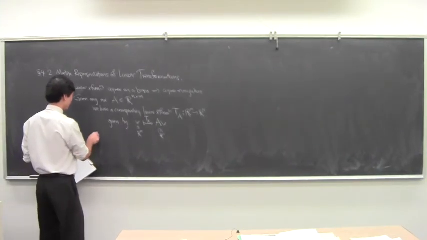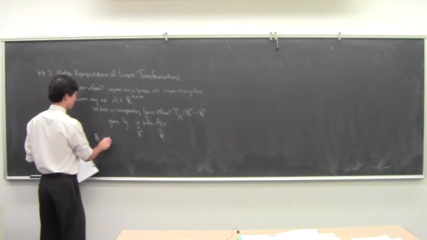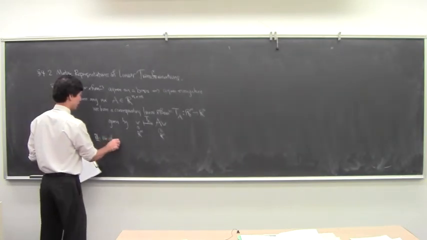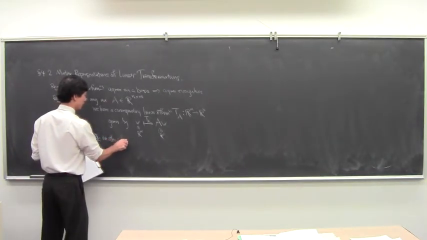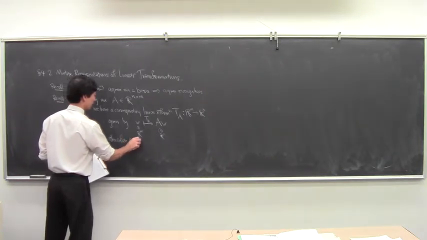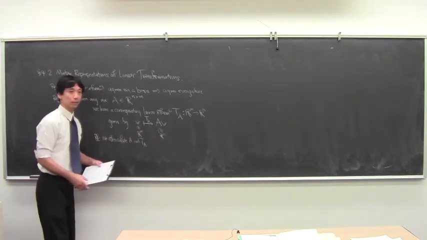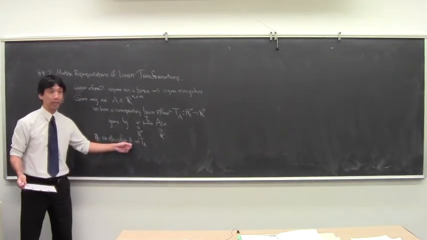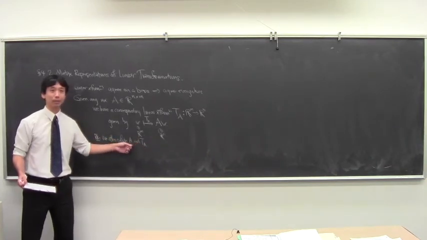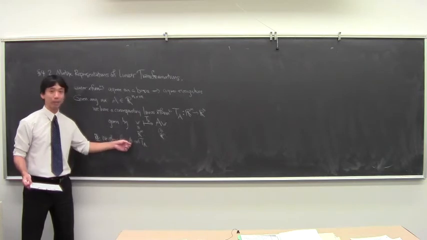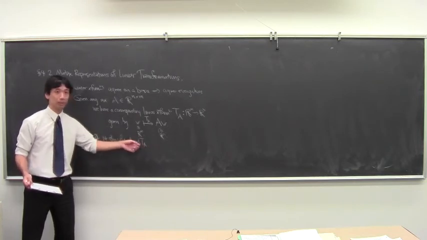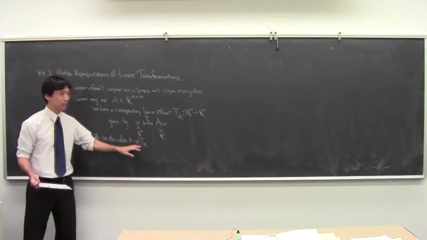I should say that we often conflate A and T sub A. If I'm talking about A as if it were a linear transformation, I'm really thinking about T sub A. If I say A is a map from here to here, it's really T sub A. But anyway, it's basically the same thing.